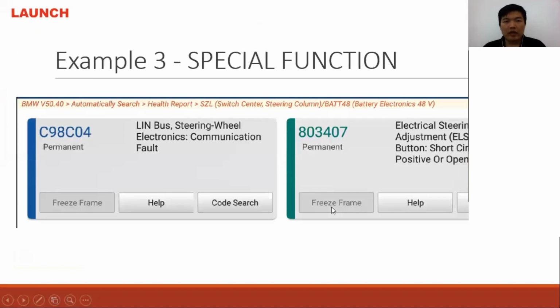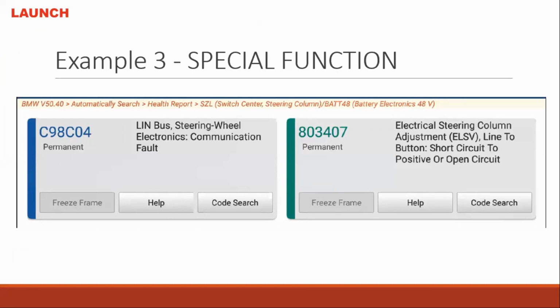Okay, so in this example 3, I want to show you the special function for some cars. Many people use the special function, but they don't care about the DTC before they do it. Just like the previous customer, they want to do some special function, but there is no trouble code there.